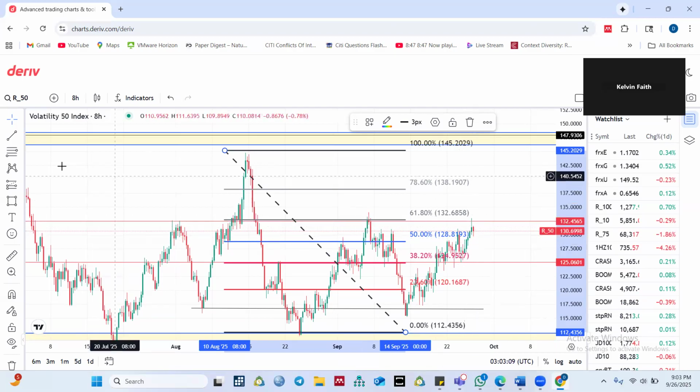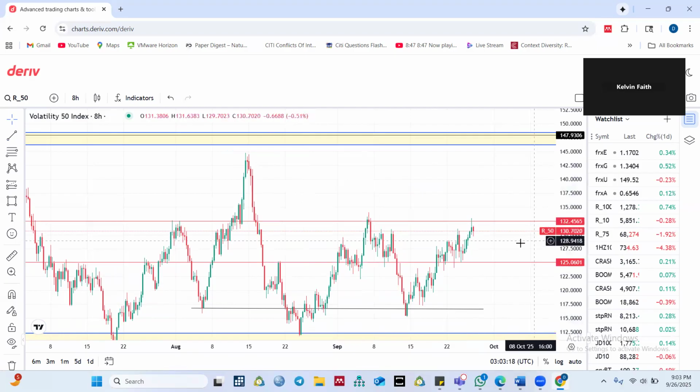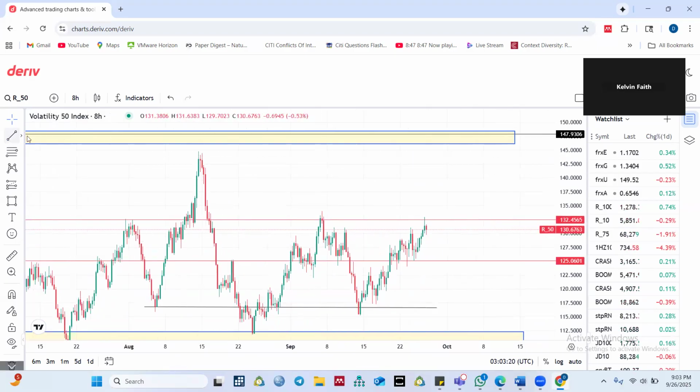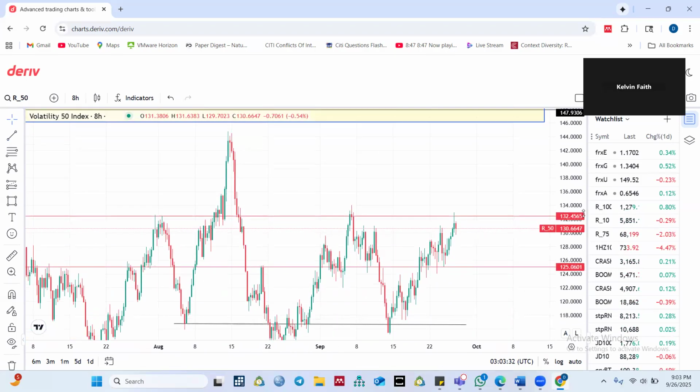It's still likely price will want to go back into 78.6%, but for now, we don't have that indication yet. There should be a body close above here for us to aim at that area, and we don't have that body close yet. We have seen a rejection, so we have to wait for that to happen.